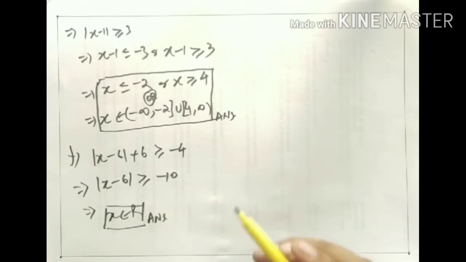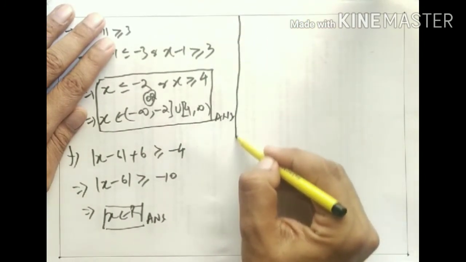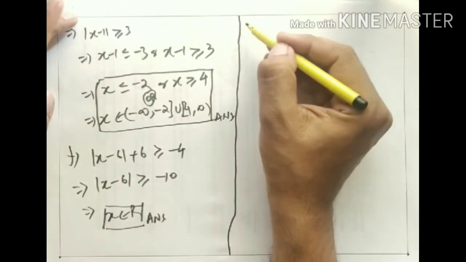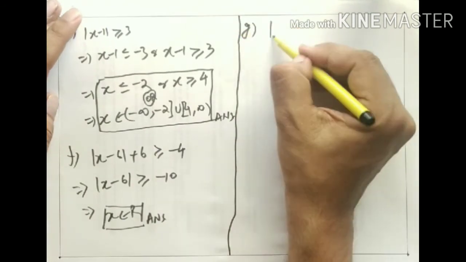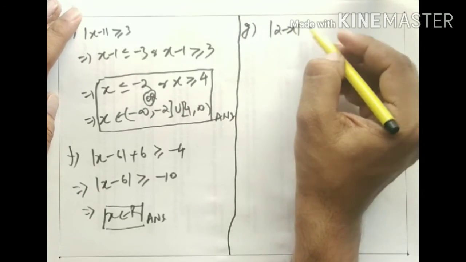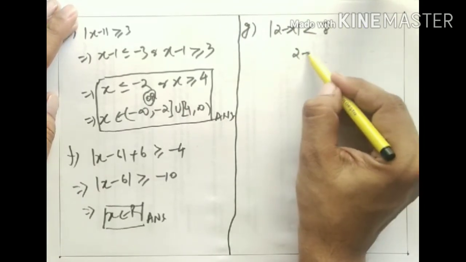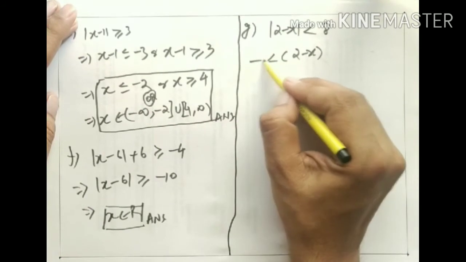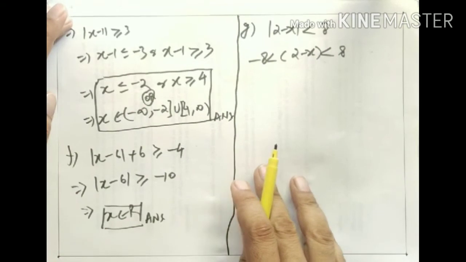Now let's see the next part of this question. Let me draw a line over here. The G part is saying mod of 2 minus x is less than 8. So by the basic definition, 2 minus x lies between -8 and 8. We have studied this formula in the previous class.